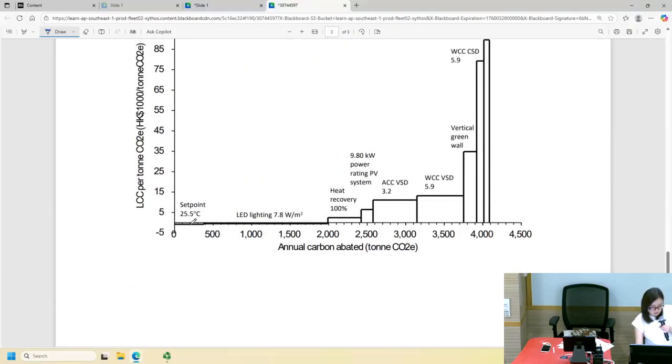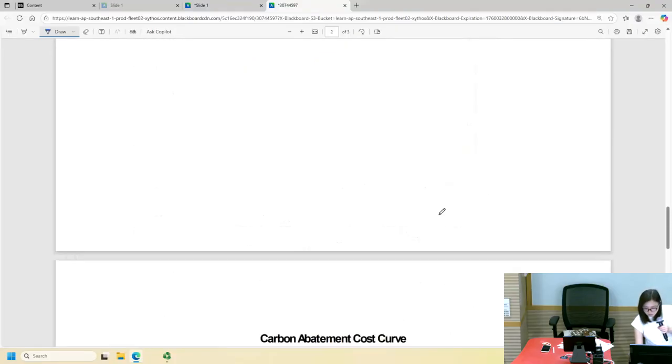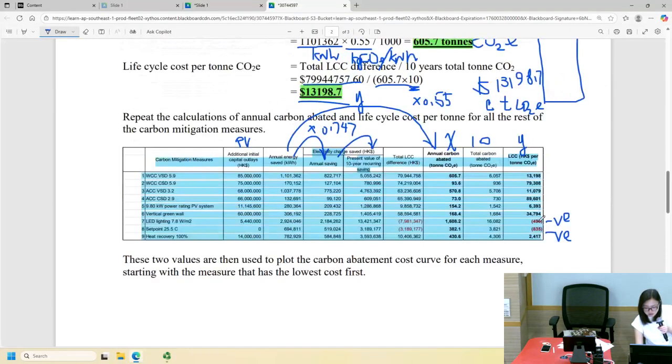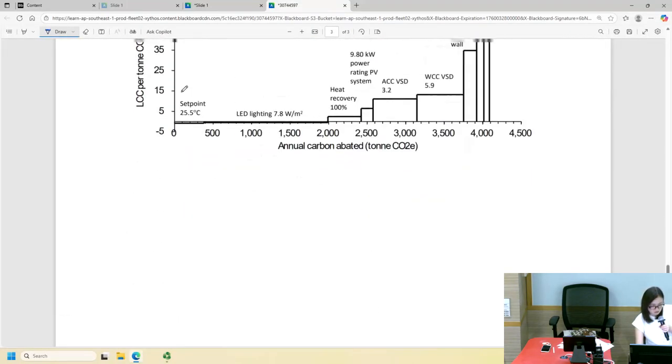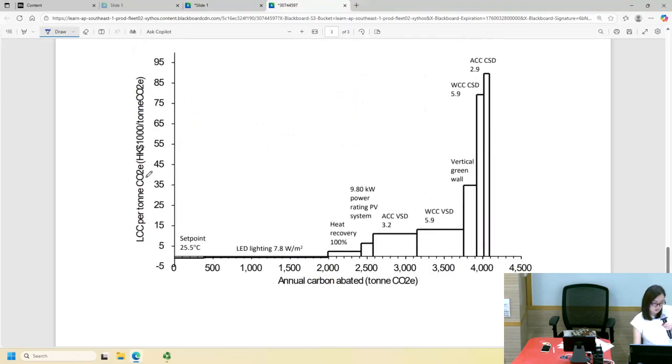So this is around 0.5, and then 0.8, and then 0.5. The unit of cost is 1,000 Hong Kong dollars for every ton of carbon dioxide equivalent reduction.